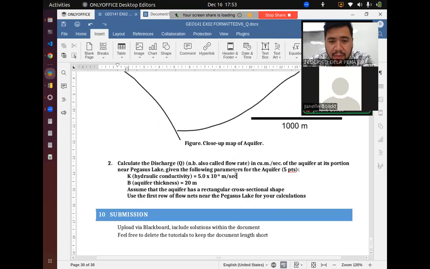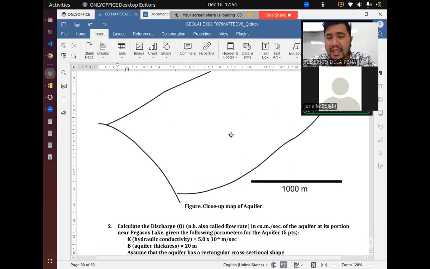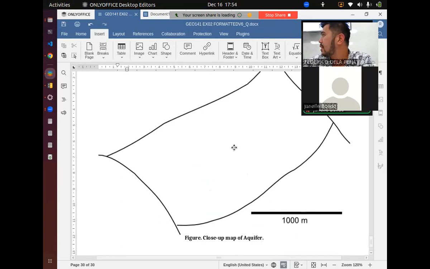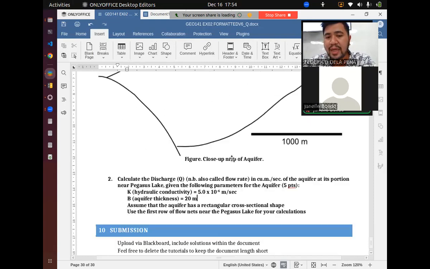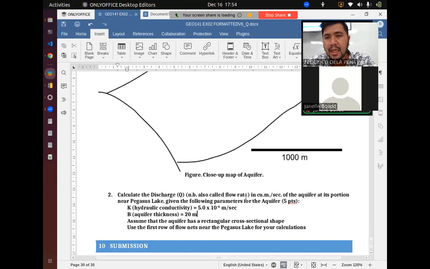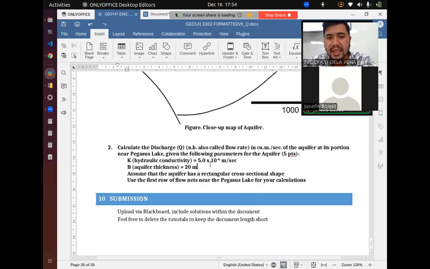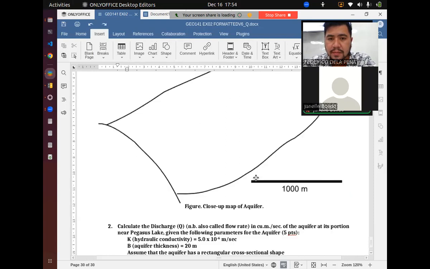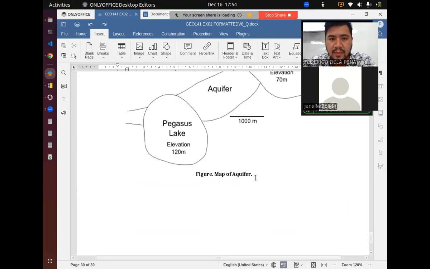Given na siya dito sa problem nyo. Okay. I is your hydraulic gradient. So malalaman mo yung hydraulic gradient from the flow net. Okay. Basically, ano mo siya gagawin?